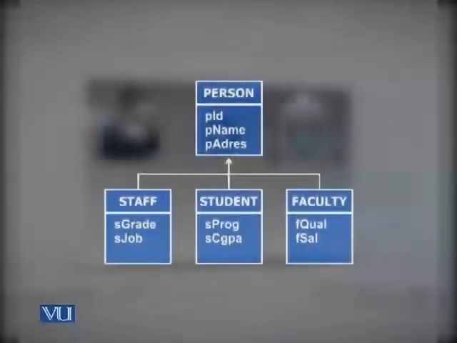In that case, it does not belong to any of the subclasses. It means that it will have only the features or members that have been defined in the superclass. Second, it can belong to any of the subclasses. For example, a particular object can be of type staff, student, or faculty.